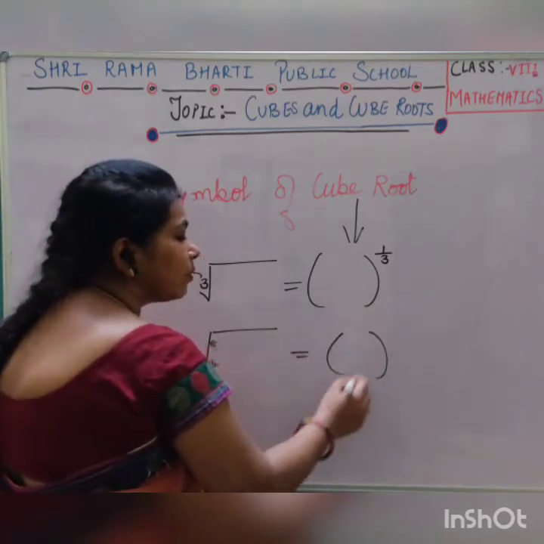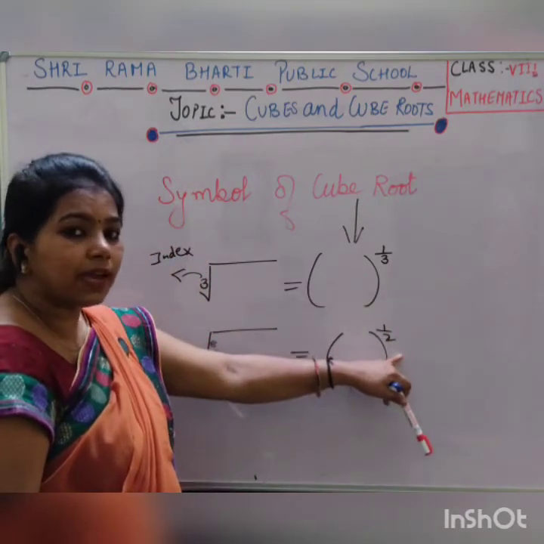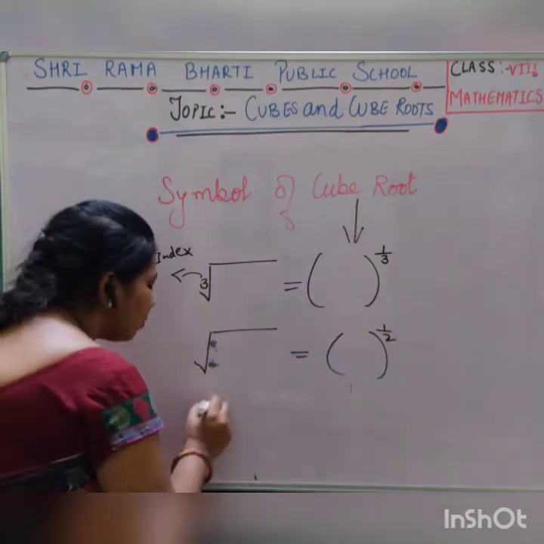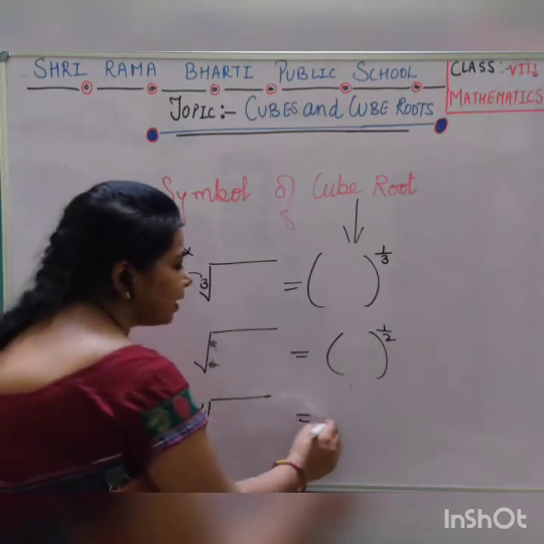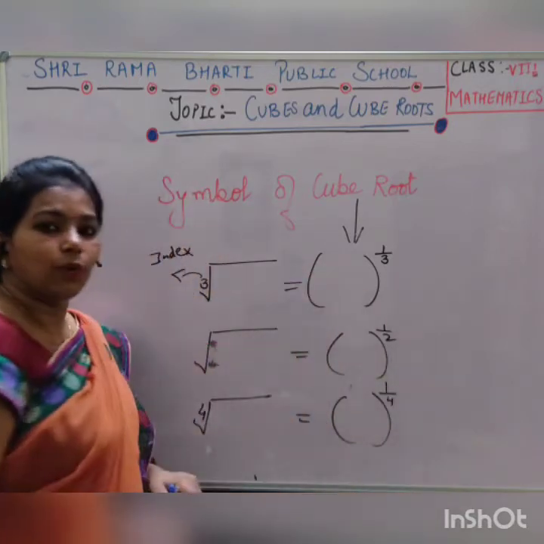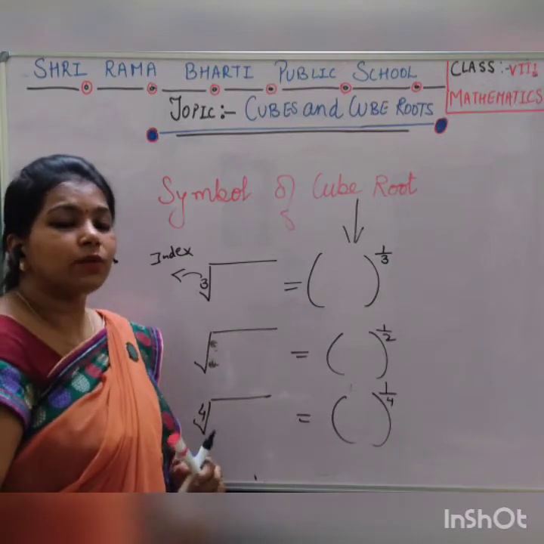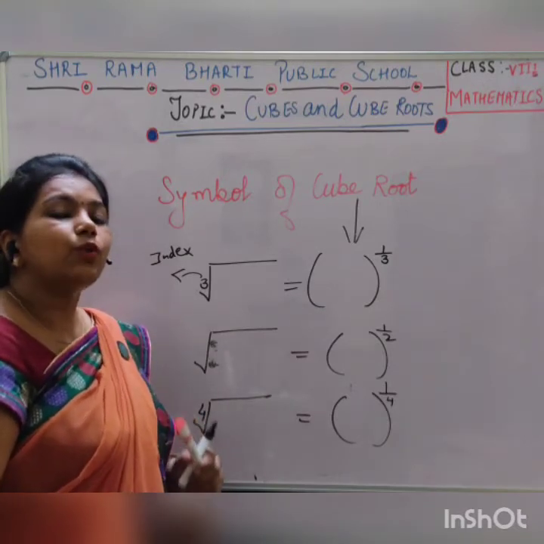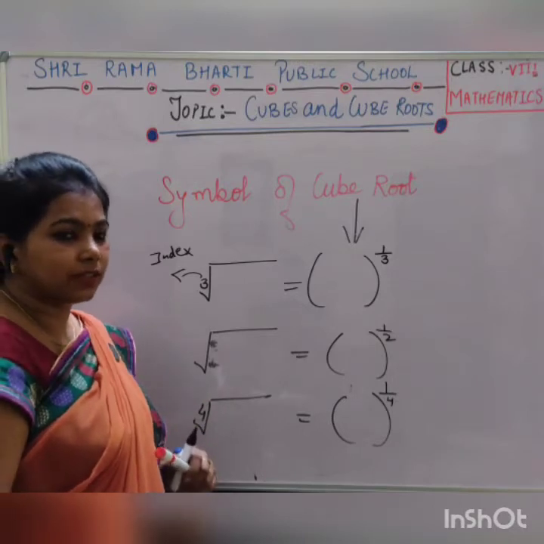We can write the square root symbol by writing the whole raised to the power 1 by 2. If it is the fourth root, we write the whole raised to the power 1 by 4, right? Now we will talk about the next topic, how to find the cube root by using the prime factorization method.